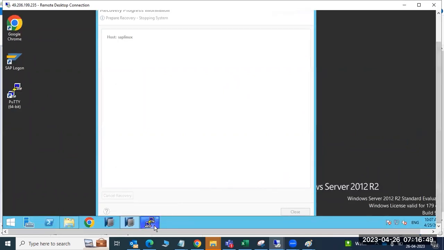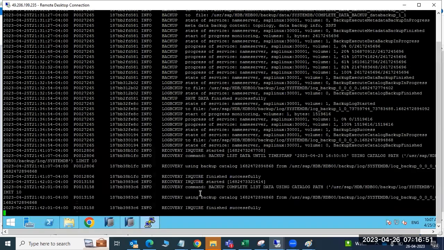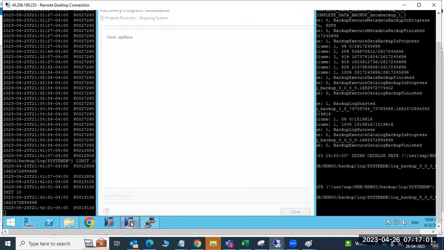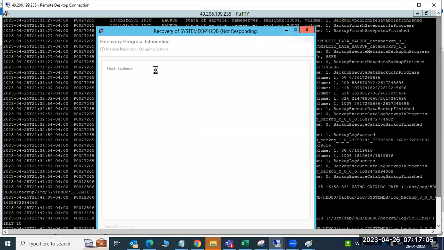So this is the way we have to do the recovery and restore. Restore and recovery both are the same. The screen got hanged.